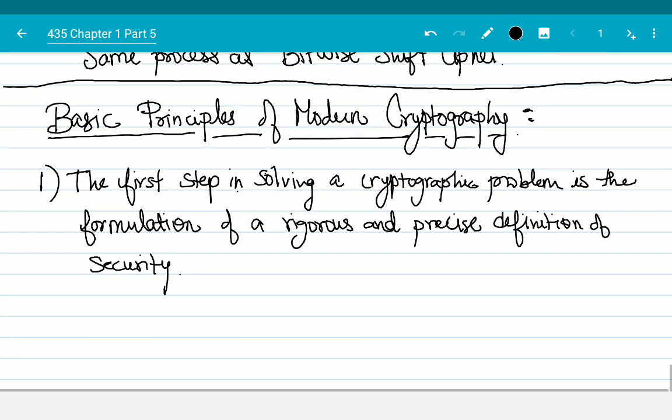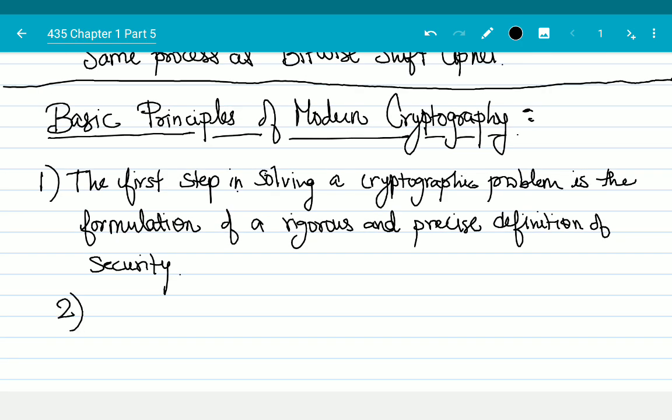We cannot say if something is secure or not if we don't know what it means to be secure.